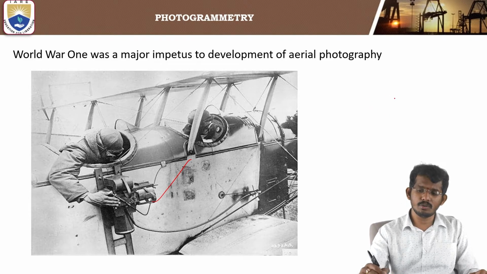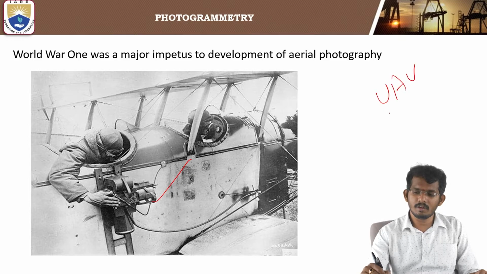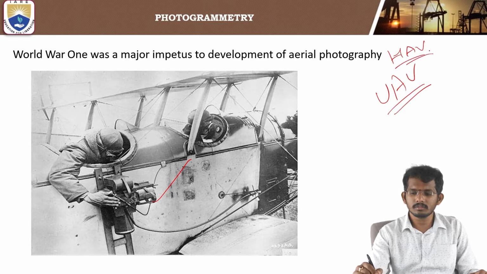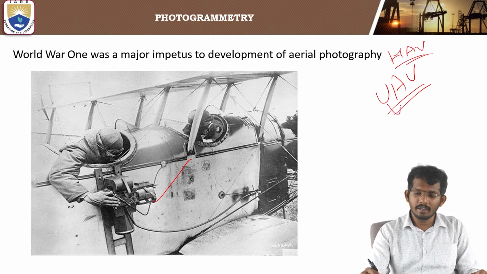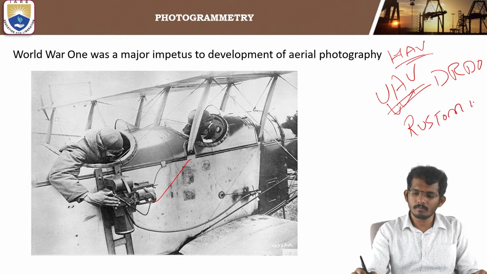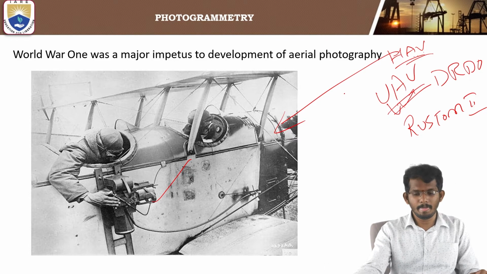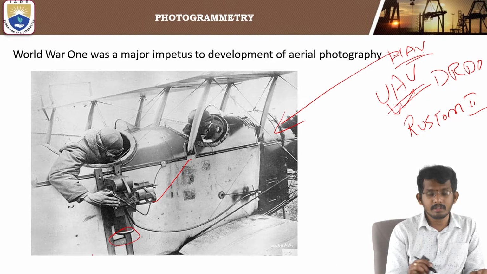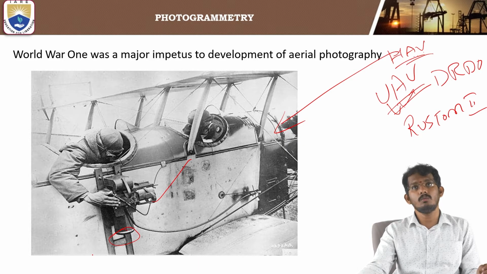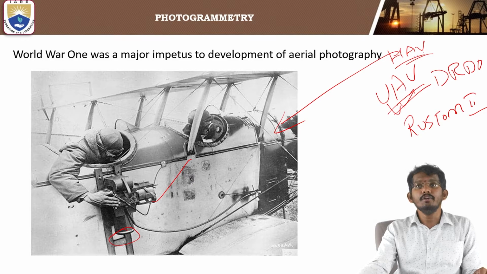Actually, DRDO has launched Rustam 2, an unmanned aerial vehicle, UAV. Whereas this is a manned vehicle, an older version. He is capturing images related to World War One. World War One was the major impetus to develop aerial photogrammetry.